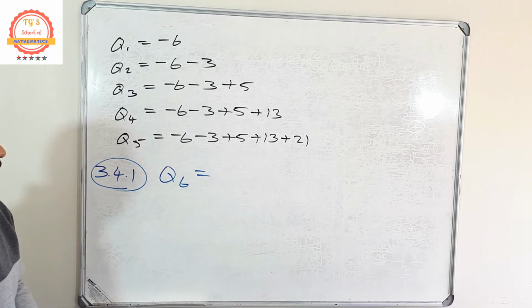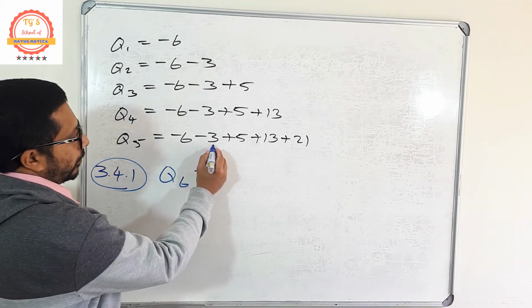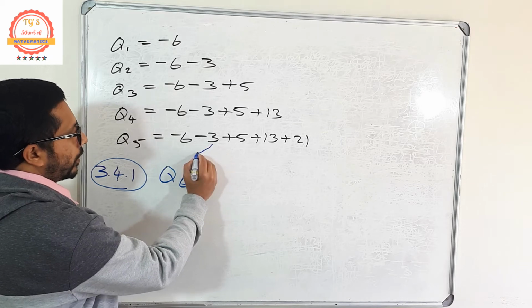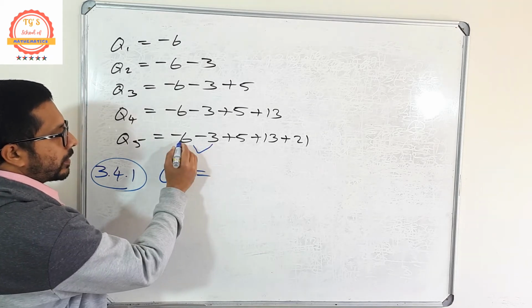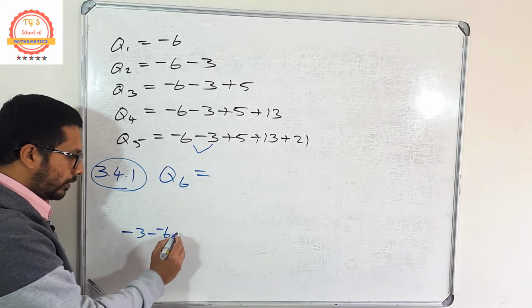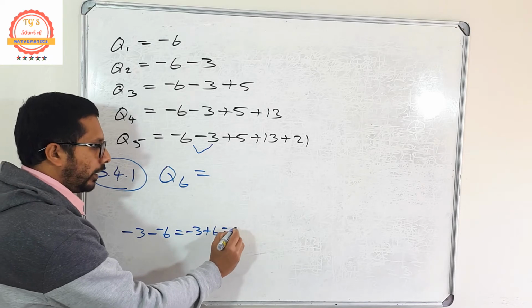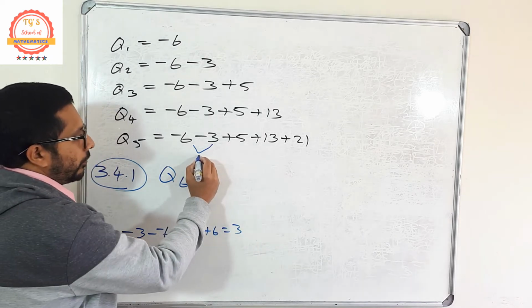So now look at this one. What is the difference here? Minus 6, minus 3 minus 6. So here the difference is minus 3 plus 6 and the answer is 3. So here the difference is 3.